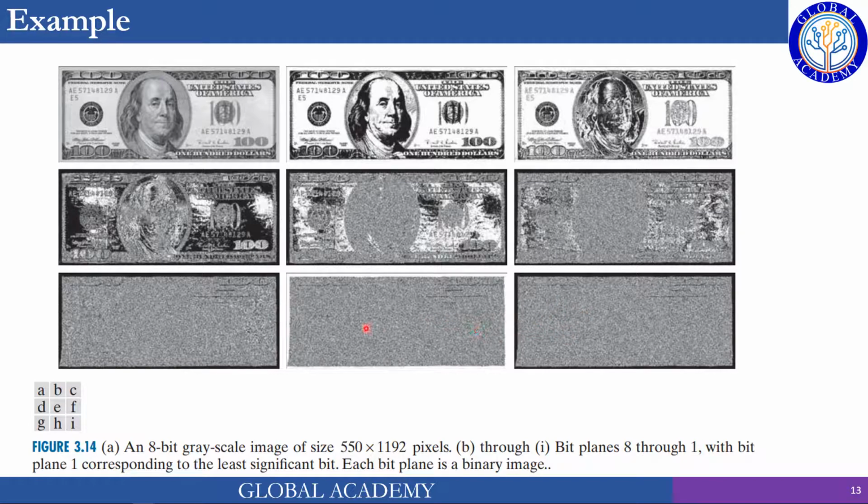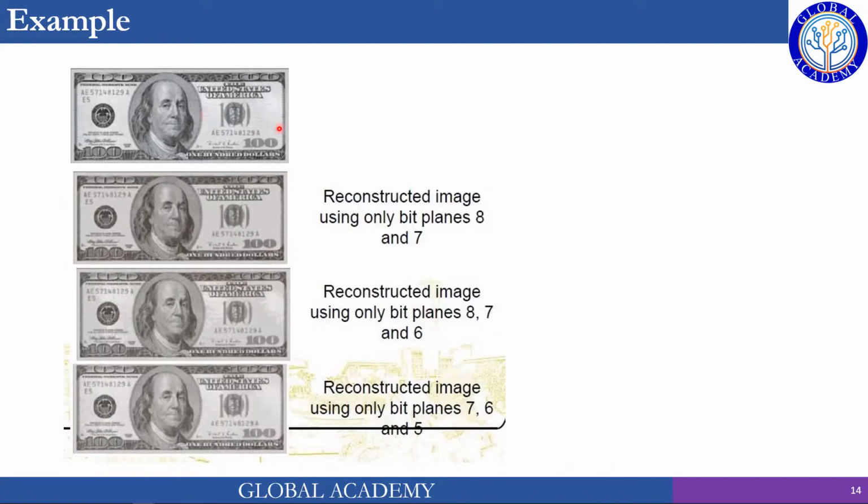So you can observe this is almost noisy bits. There's very little information, whereas these bits are clearly representing most of the information of this image.